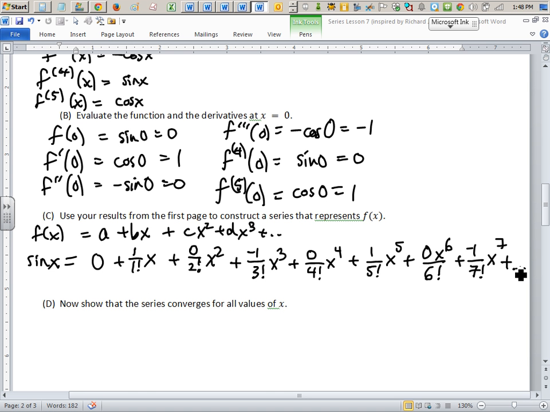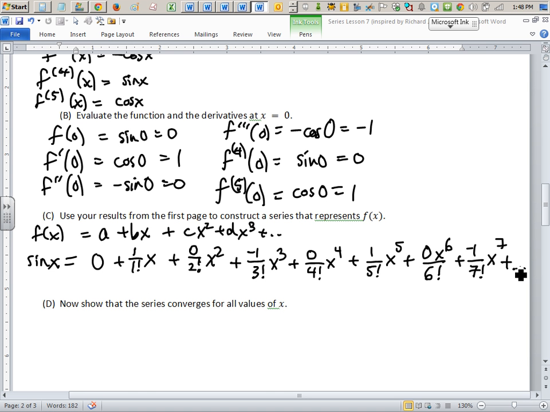So that's why it goes plus minus, instead of plus plus. It turns out that all the even terms do vanish. They all happen to have the derivative being 0, because all the even derivatives of sine vanish when you plug in 0.